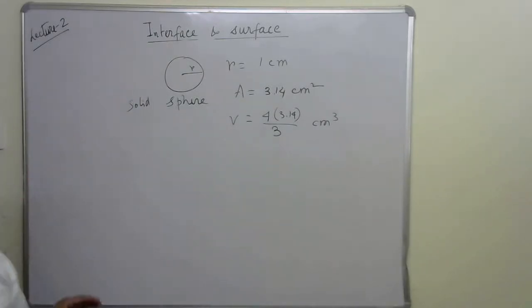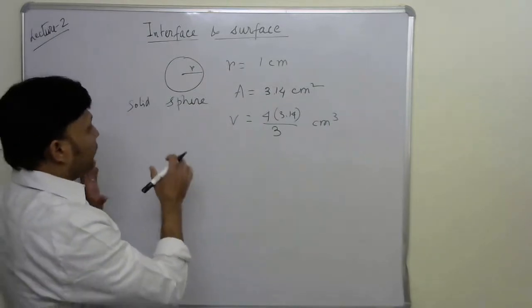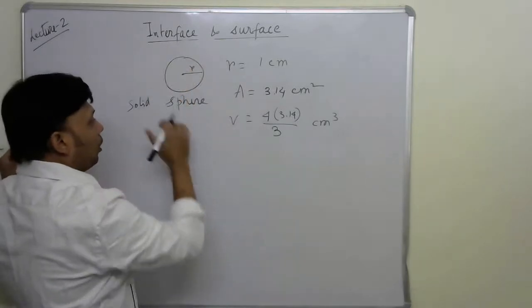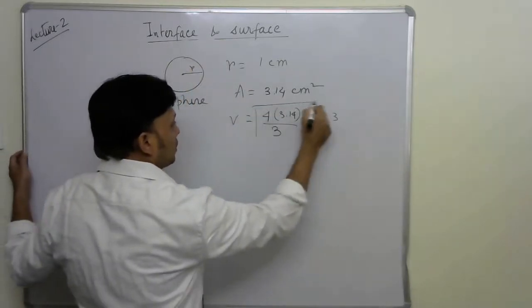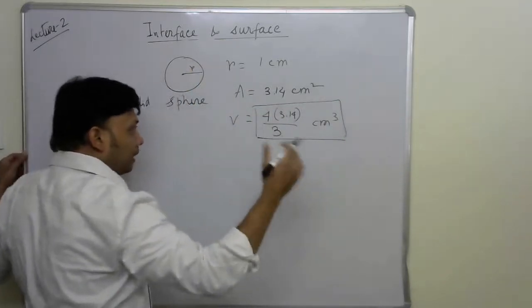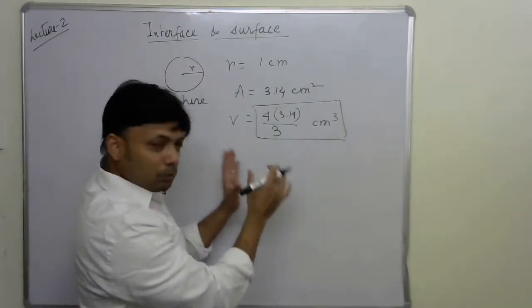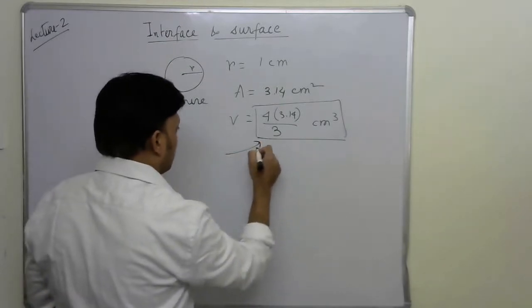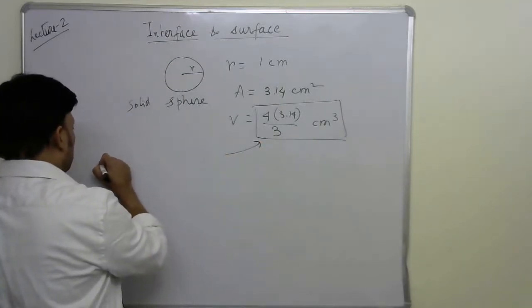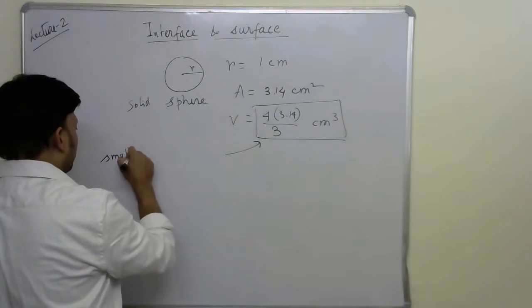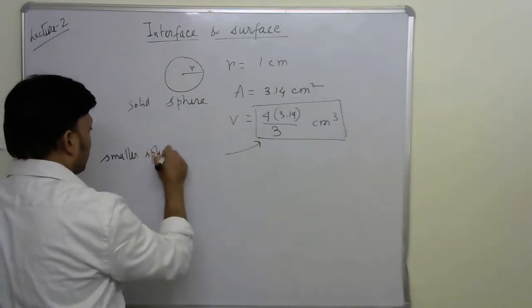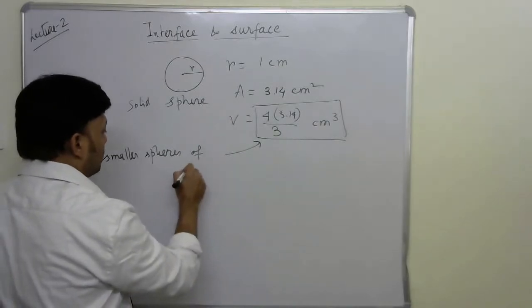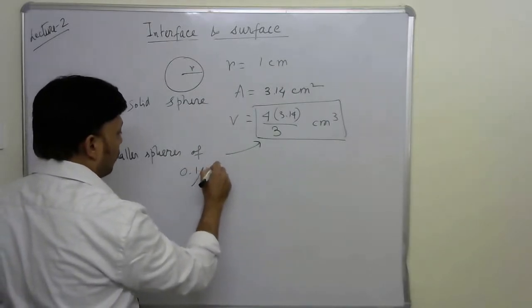So now the question is, if we try to fit in the same volume, this much centimeter cube volume, by some smaller spheres of 0.1 micron radius.